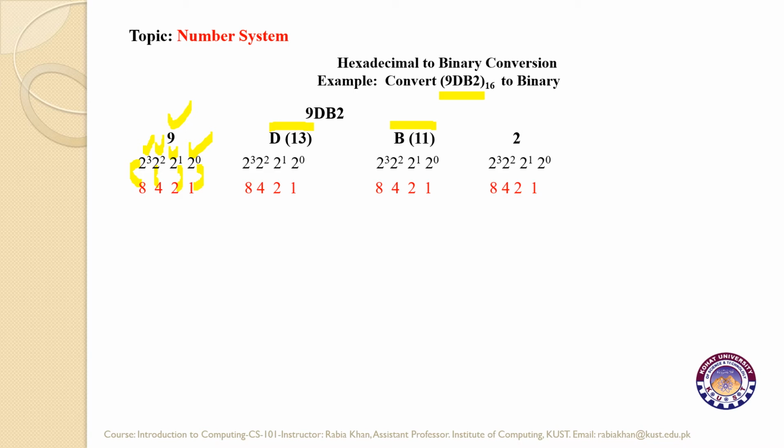Now we need to add those numbers out of these 4 bits that would ultimately generate 9. So here you can see if you add 8 with 1, this would ultimately generate 9. So we need to only switch on the first and last bit.